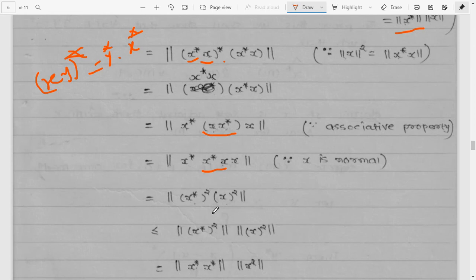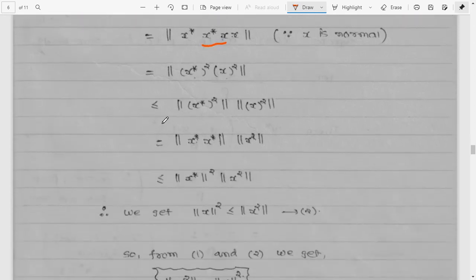So this is less than or equal to norm x star square into norm x square, is equal to norm x star into norm x square, and this is less than or equal to norm x star whole square into norm x square.